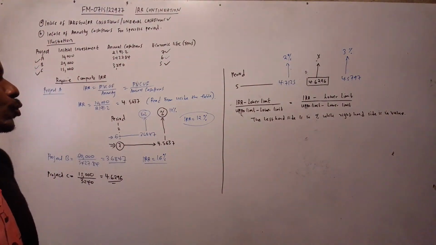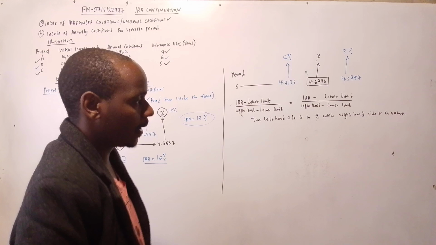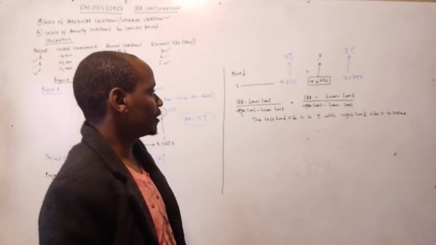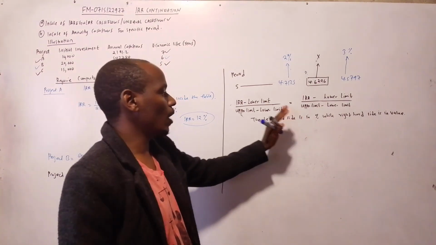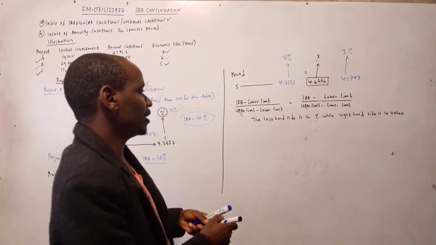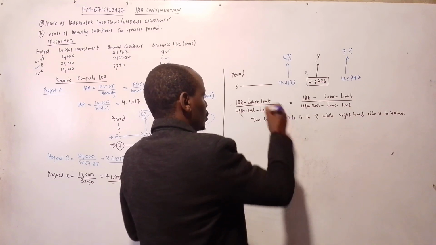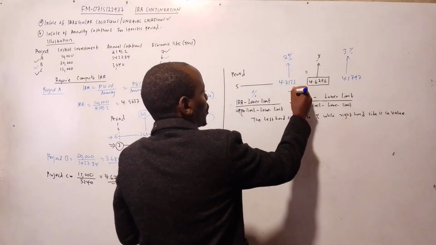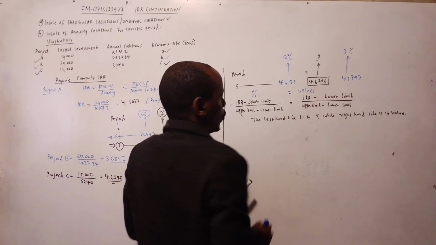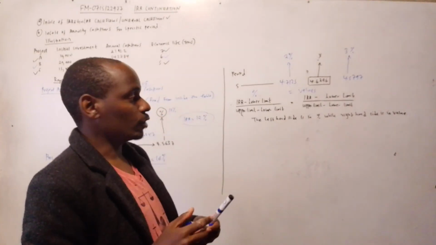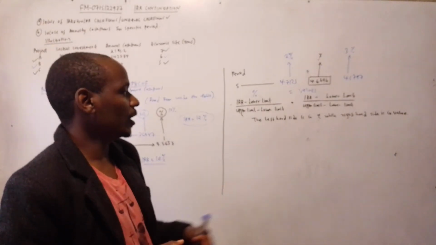Now how do we get IRR? Remember IRR is supposed to be in percentage. So on the left side of our equation represents the percentage part, while the other side represents the values that you obtain from the table. Let's start with the percentage.